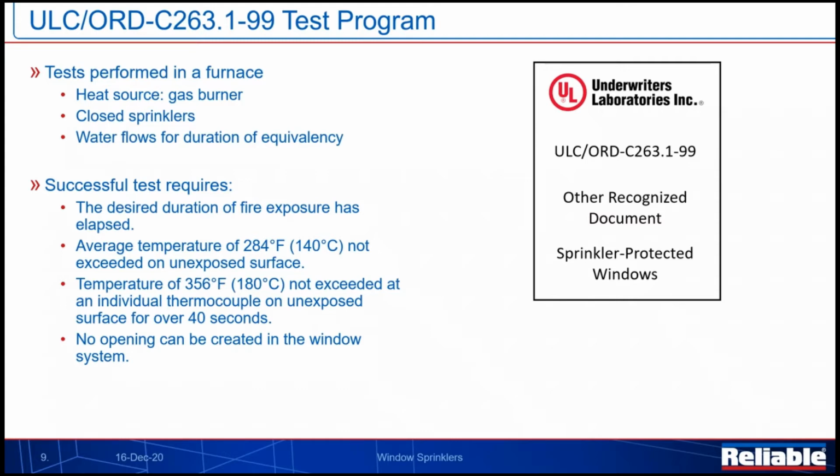And then the temperature of 356 degrees Fahrenheit, not exceeded at an individual thermocouple on the exterior. That's for a time period greater than 40 seconds. And after this whole test, we have to inspect the window, make sure that no opening has been created in this assembly. Otherwise, we would end up failing the fire rating equivalency.